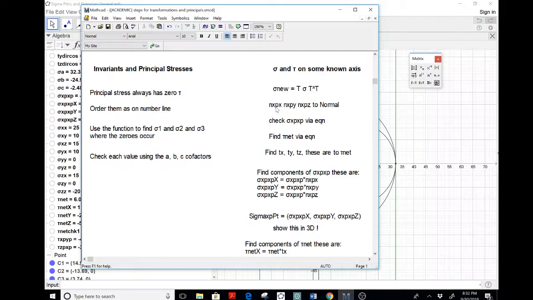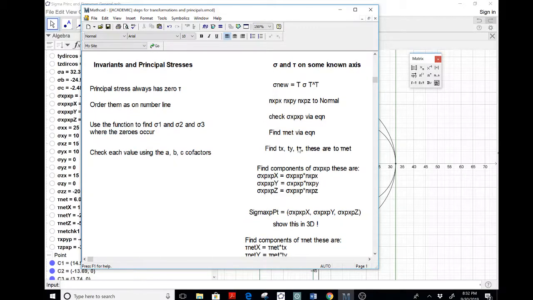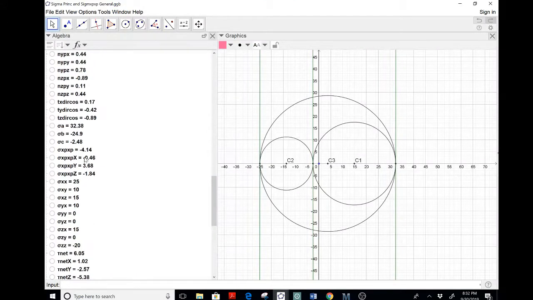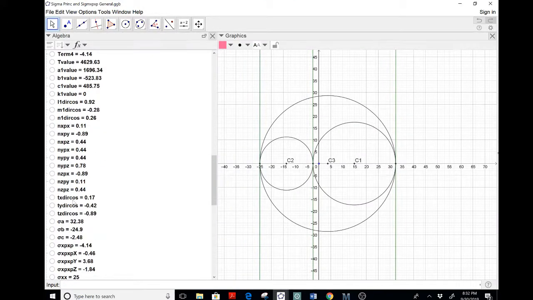So I kind of like N for just the regular old sigma normal on some plane, the t's for the tau, the direction cosines to the taus. There's an easy equation for that, so let's just take a peek at that. It's right here. T, direction cosine. There's x, there's y, and there's z. So there's three of them. There's just direction cosines to the tau net.